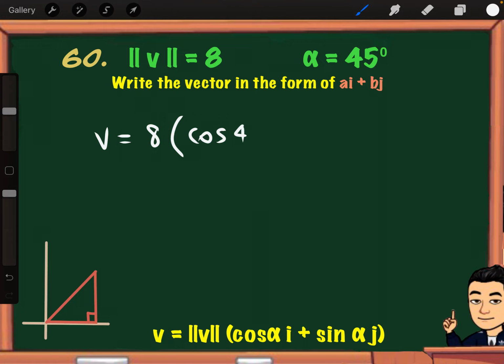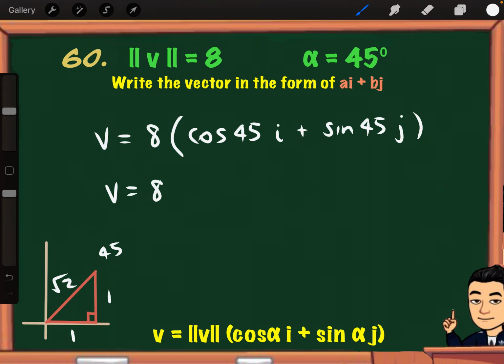So it's going to be cosine 45 degrees i plus sine 45 degrees j. Okay, so the next thing I want to do is to find out the 45 degrees, and then write down all the sides. So it's going to be 1, 1, rad 2 for the radius. Okay, so v is going to equal 8.